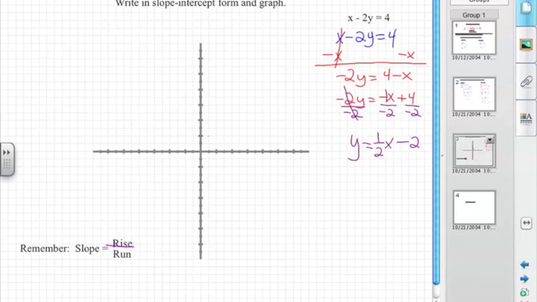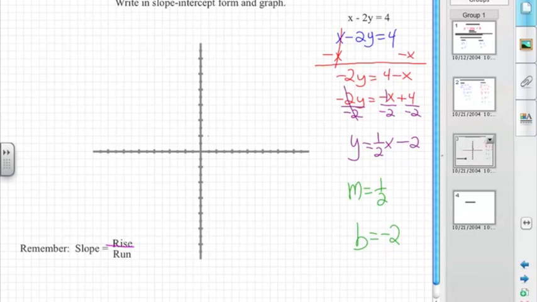So the equation x minus 2y equals 4 is the equation of a line, which is where we started. But we wanted to put it into slope-intercept form, which is y equals 1/2 x minus 2. From that, we get the slope is 1/2, and the y-intercept is negative 2.